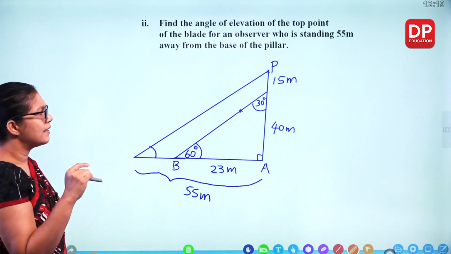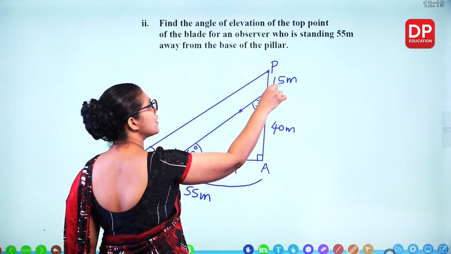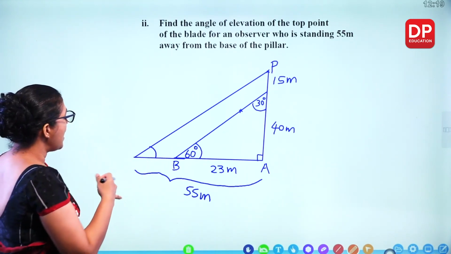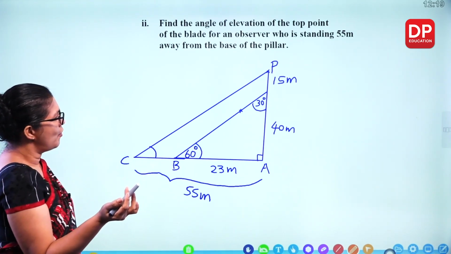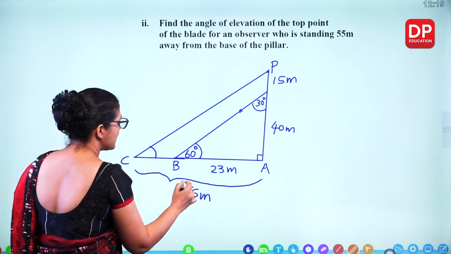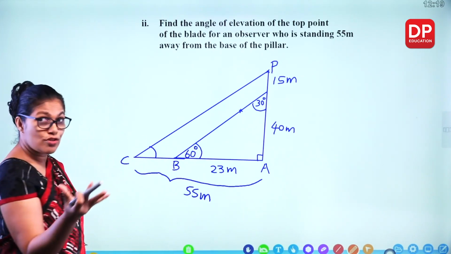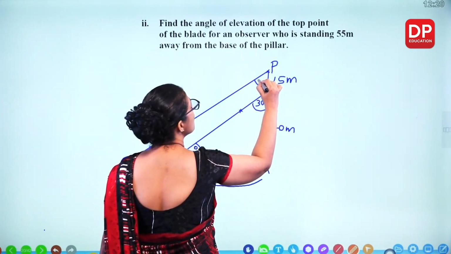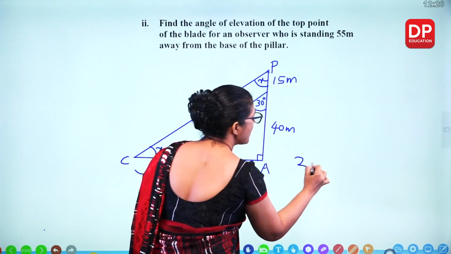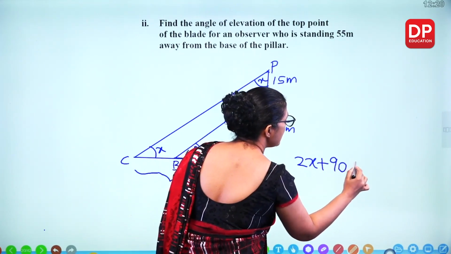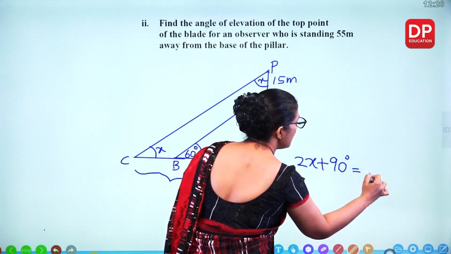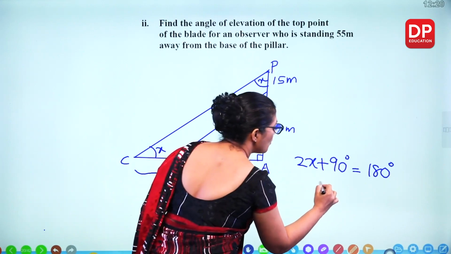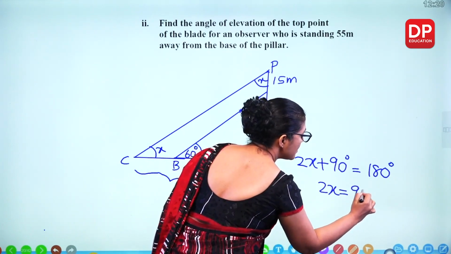Look at carefully. What's this length? 40 plus 15, 55. PA and AC, both are equal. The 2 lengths are equal means this is an isosceles triangle. If this is X, this is also X. 2X plus 90 is 180. So, 2X becomes 90 degrees.